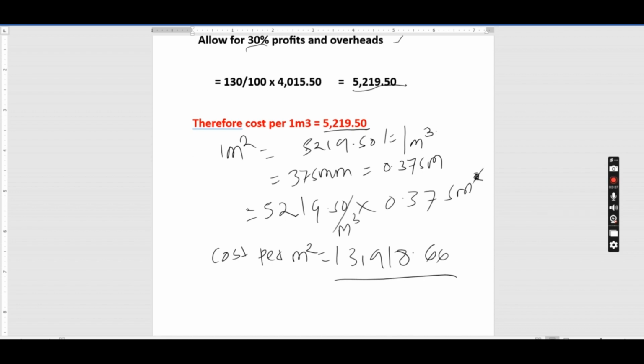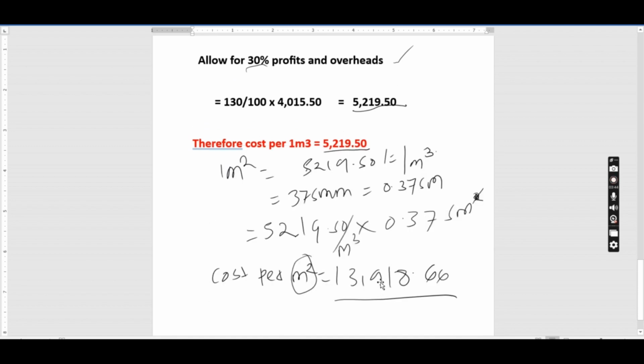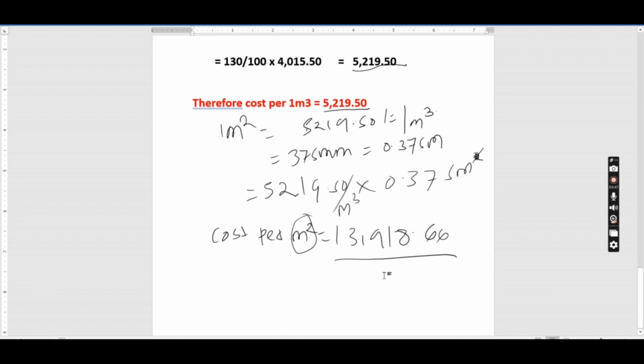So this 1 meter will go with this 1 meter, and what will be left will be meter square. So we are going to multiply that one and get what? So it's going to be 5,219.50 multiplied by 0.375, giving us 1,957.31 shillings. So if you want to build up your unit in its meter square, so that is how you do the converting.